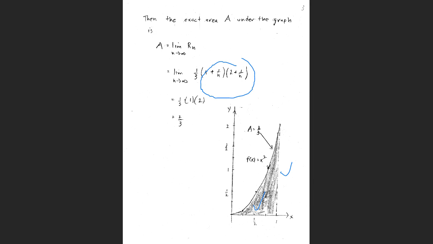And that, everybody, is the exact area. That's not an approximation. Area equals 2/3. That is the exact area underneath the function f of x equals, this should be 2x squared, by the way, not x squared. Let me fix that.